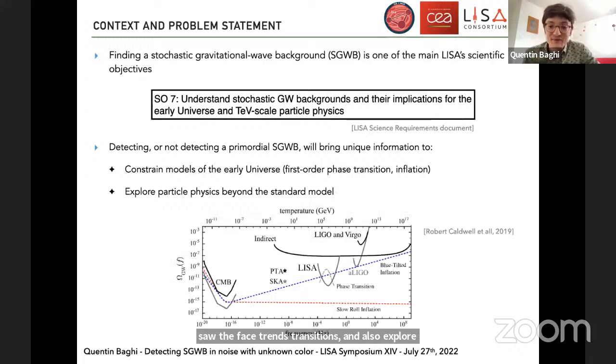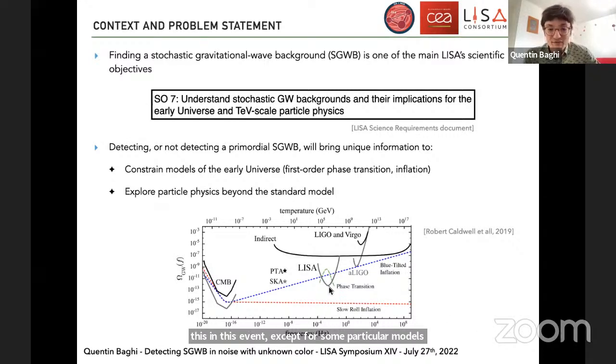I have stolen this plot from Robert Caldwell, showing you the landscape of the detectors in the context of stochastic gravitational wave background detection. We see that with vanilla inflation models, we don't expect to see anything in the LISA band except for some particular models of inflation.